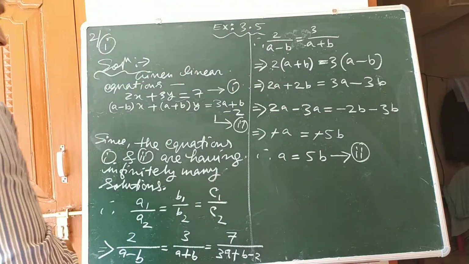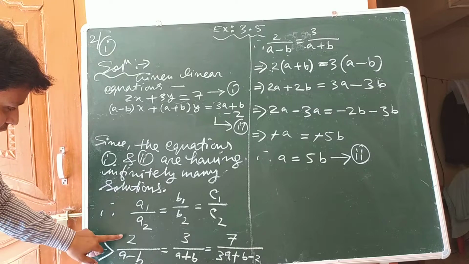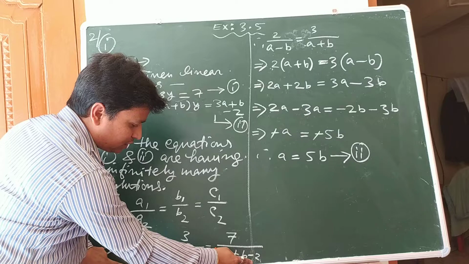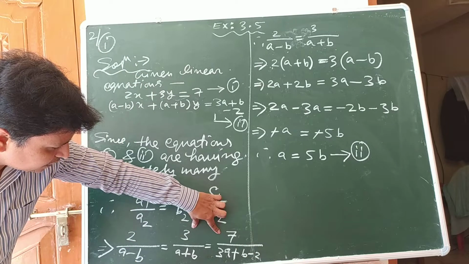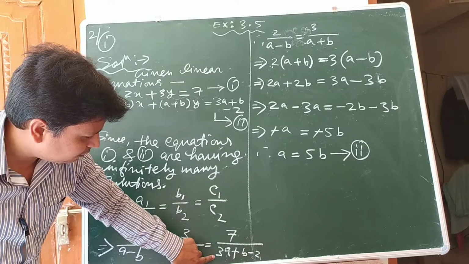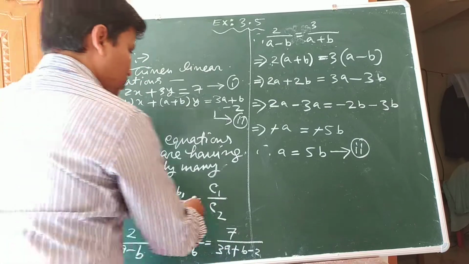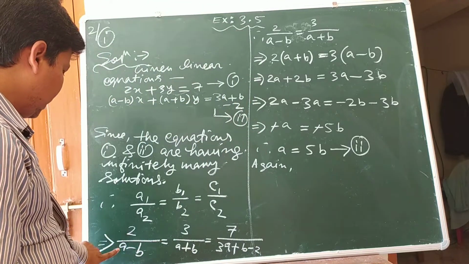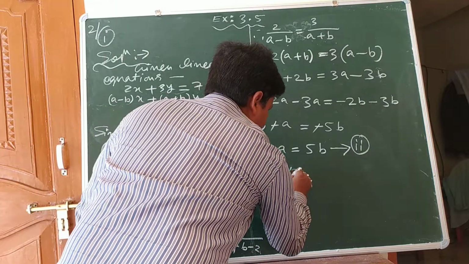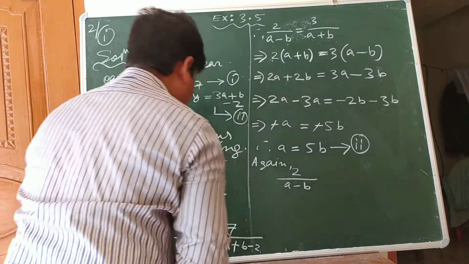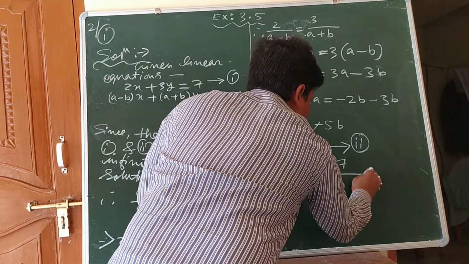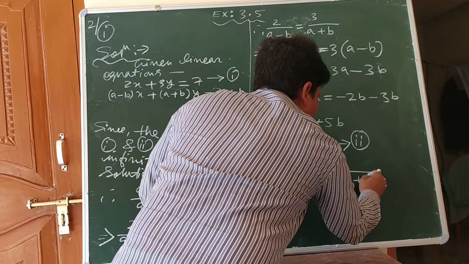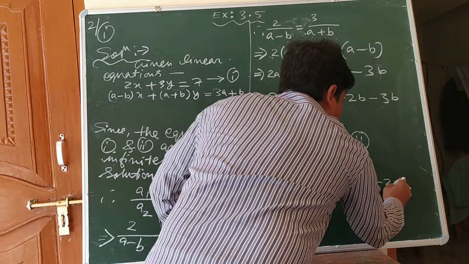Secondly, we have to consider either 2 by a minus b and 7 by 3a plus b minus 2, or you can consider 3 by a plus b and 7 by 3a plus b minus 2. So again we are considering 2 by a minus b equal to 7 by 3a plus b minus 2.